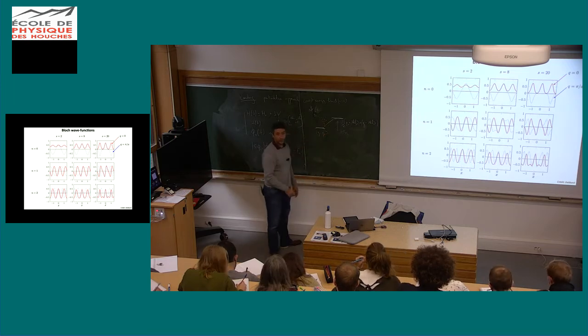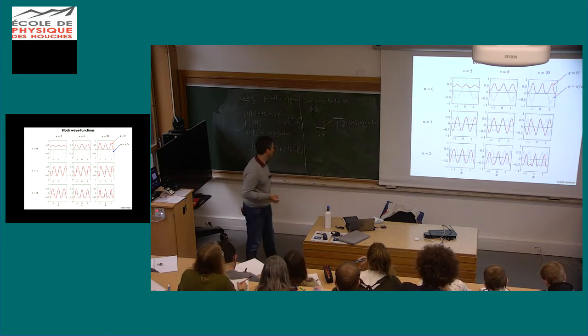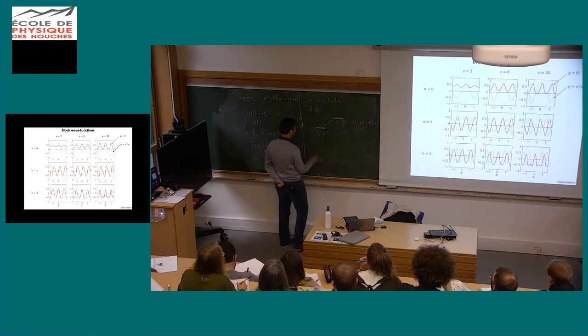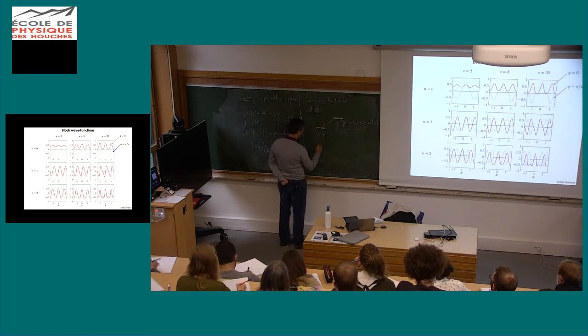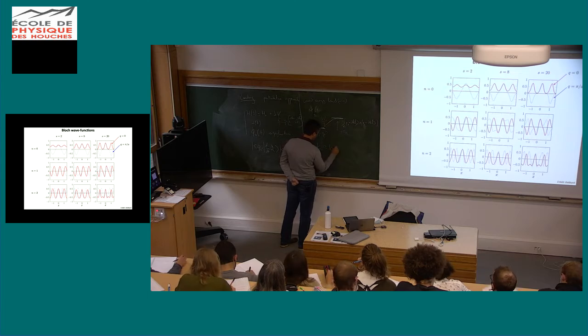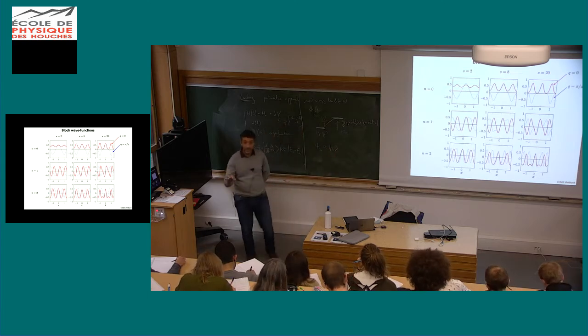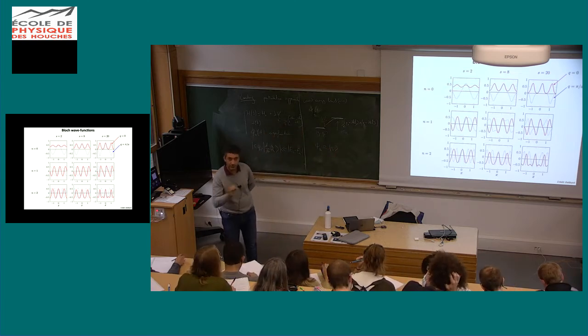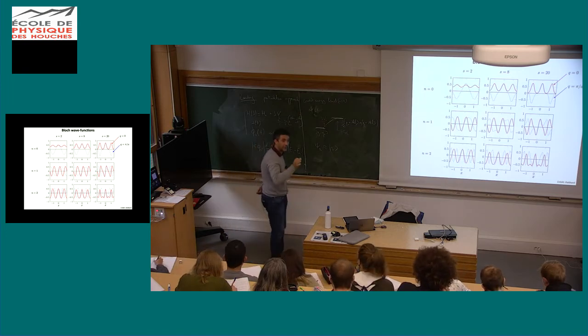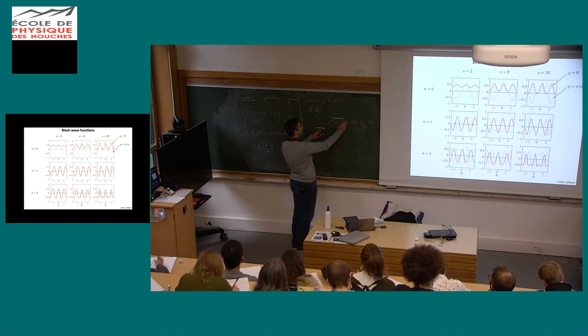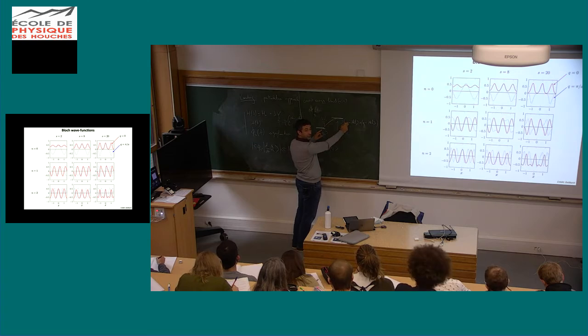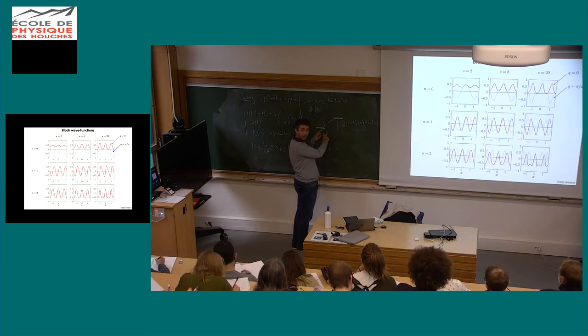Let's say that I do second order perturbation theory. At the beginning, the atom without the lattice is in P naught. When I start putting a little bit of lattice, there will be a small mixture of this state onto the initial state.